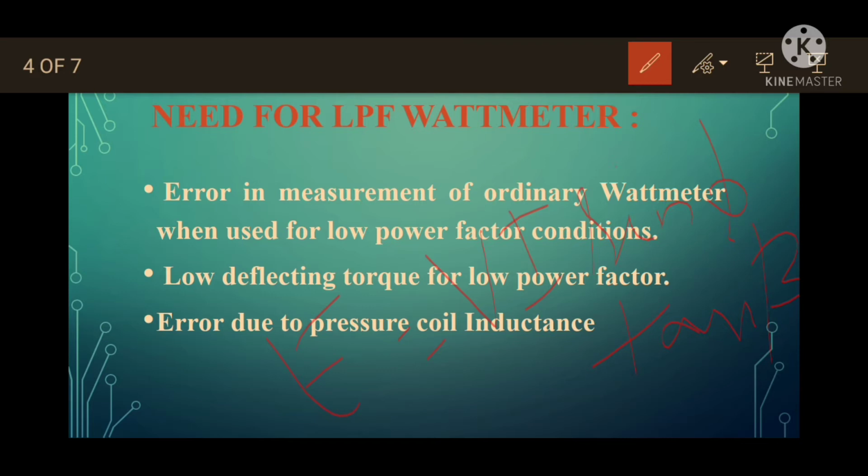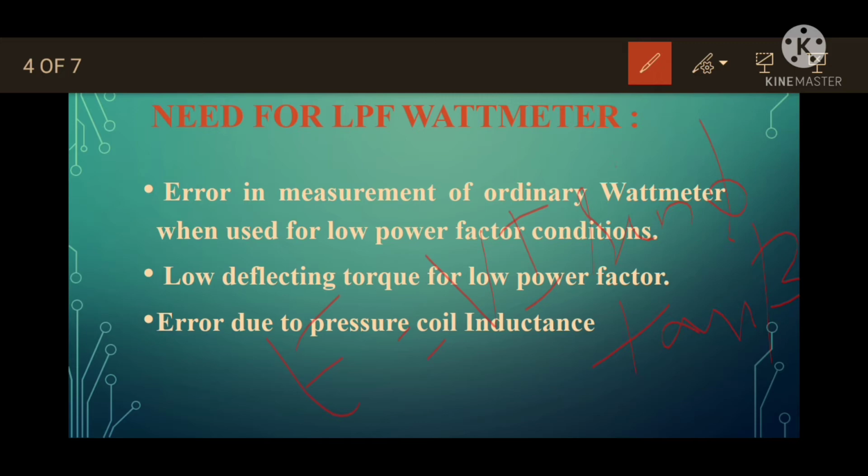So this is the error equation due to pressure coil inductance. We have already seen this in the errors in electrodynamometer discussion. Due to the presence of pressure coil inductance, there is error. How to eliminate that error we have also already discussed. The inverse of inductive reactance is the capacitive reactance.